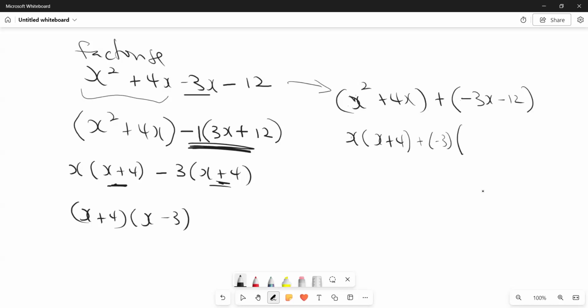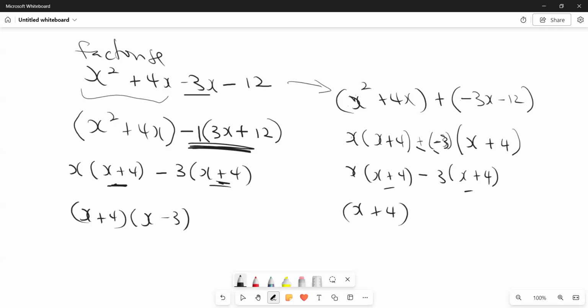Minus 3x divided by minus 3 will give us x. Minus 12 divided by minus 3 gives you positive 4. So this plus sign and this minus sign will become a minus, since plus by a minus is a minus. Then you bring the common factor to the front, times what's here and here, x minus 3. Same answer.